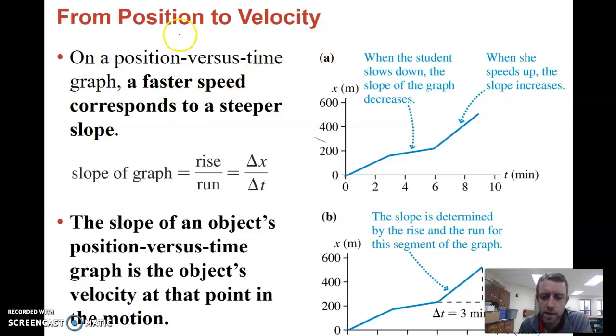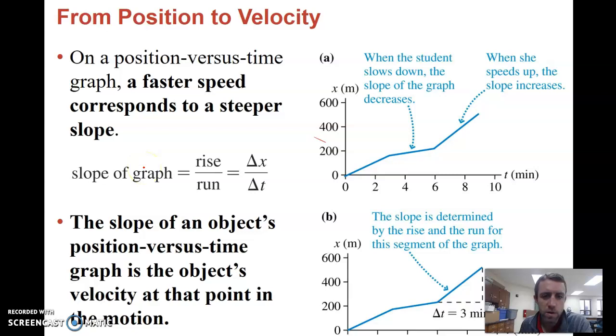All right, so repeating that, the steeper the line, the steeper the slope, the faster an object is going. So this bold right here, that is important. We of course calculate the slope, the steepness of a line, by doing rise over run. It's the change in the y value divided by the change in the x value.